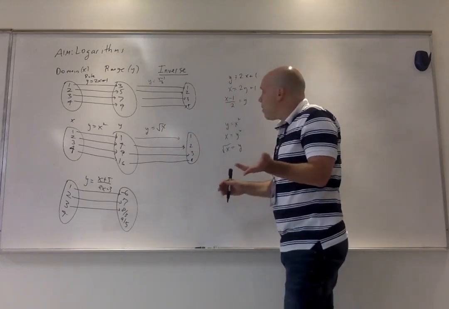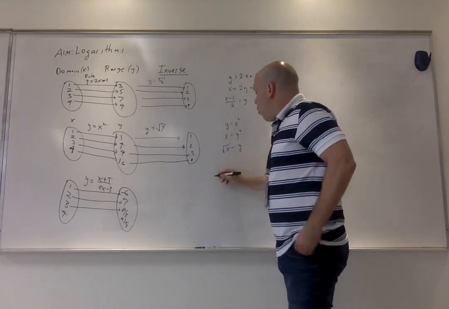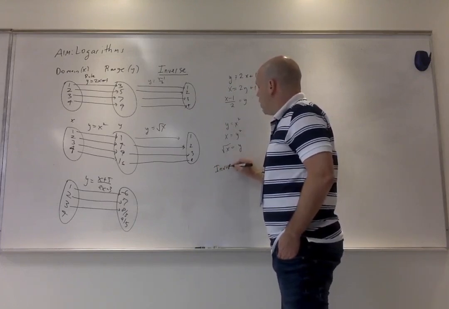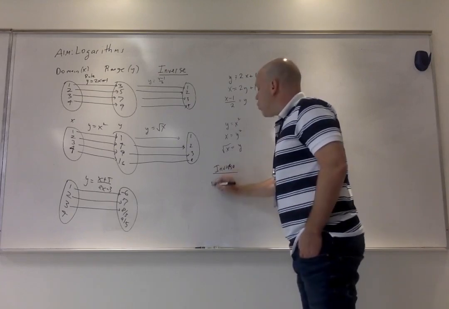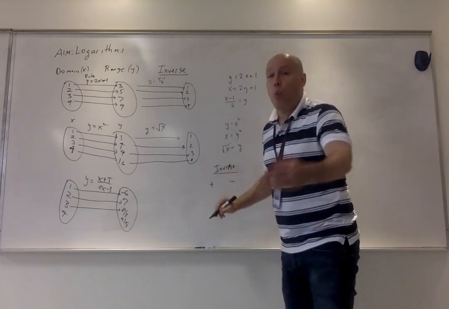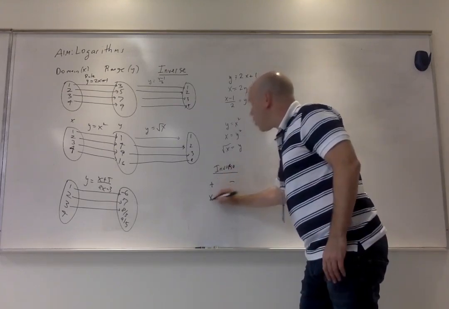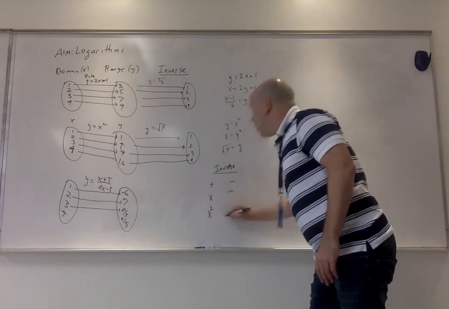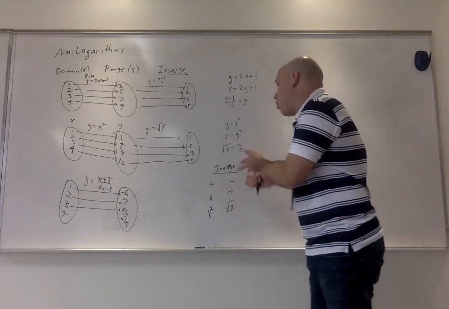And you can get some ideas about the inverse. What is the inverse of addition? Subtraction. What is the inverse of multiplication? Division. What's the inverse of squaring? The square root, and so on and so forth.